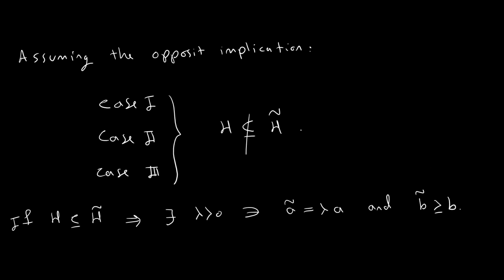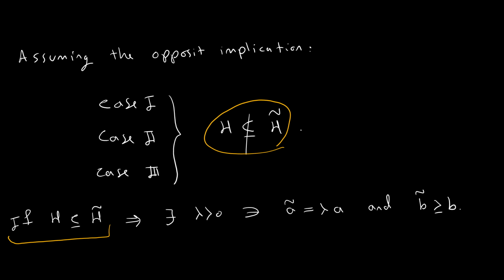Okay, we saw that for all three cases, H is not included in H tilde, and we got a contradiction because we knew that this is true, and by assuming the opposite of the implication, we got the opposite result of what we know is true.